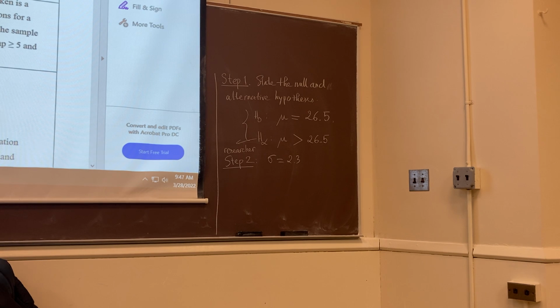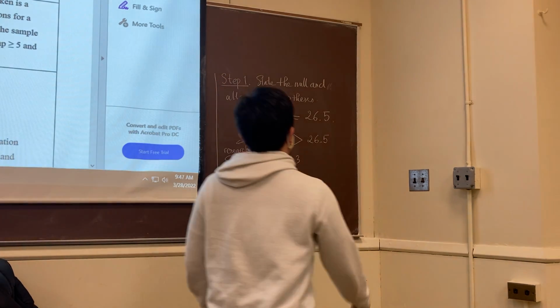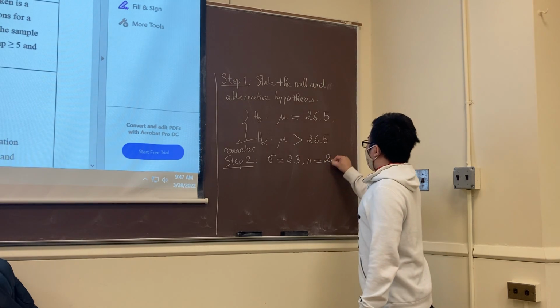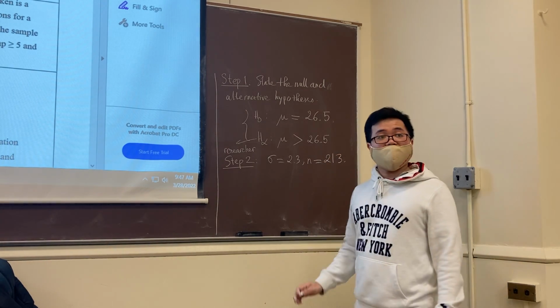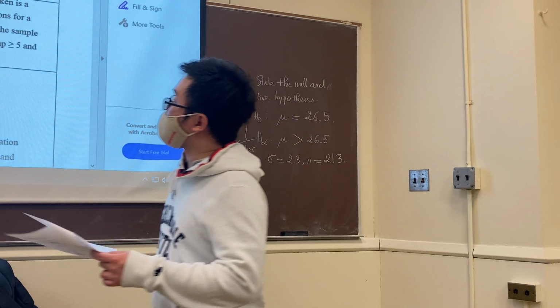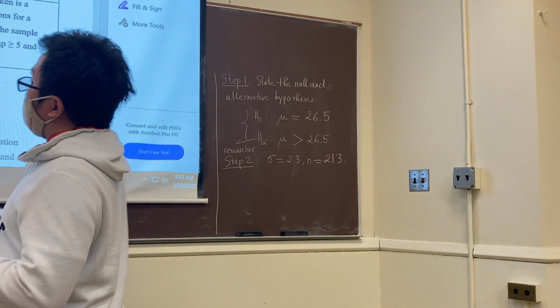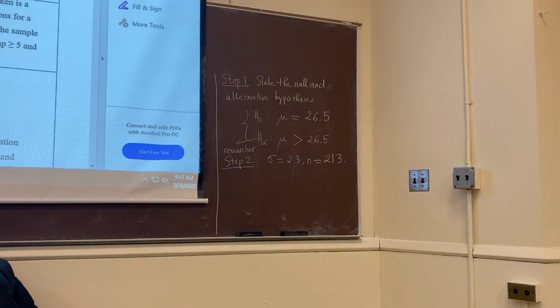And here you see that the sample size is 213, right? So it's satisfied. Satisfies the condition. And okay, this satisfies the condition here, so you don't need to check the population distribution, right?